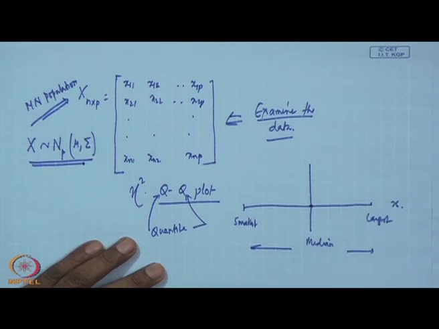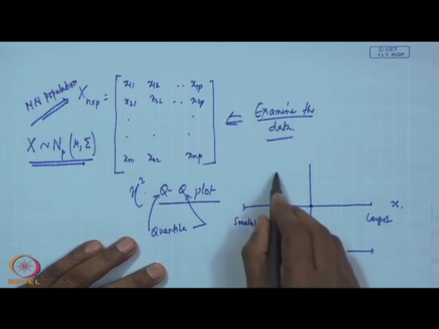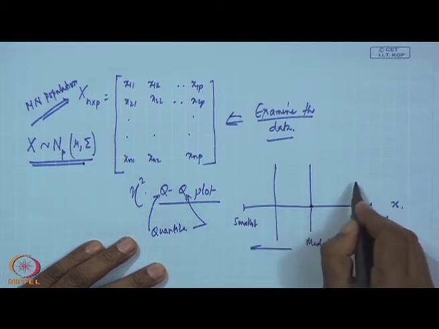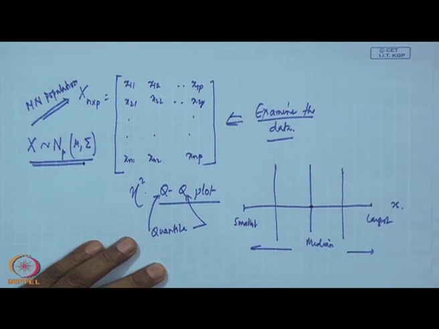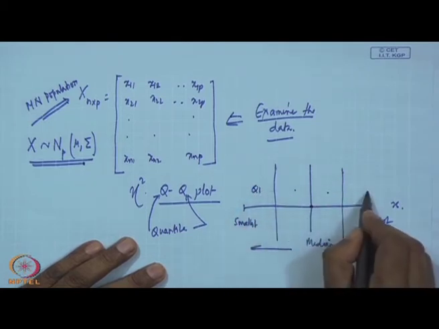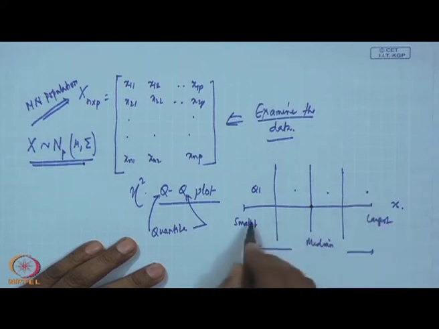You know quartile, quartile will partition the total data into 4 parts. This is my quartile 1, quartile 2, quartile 3, quartile 4, and we know that Q1 and Q3 give the interquartile range that we have discussed in descriptive statistics.